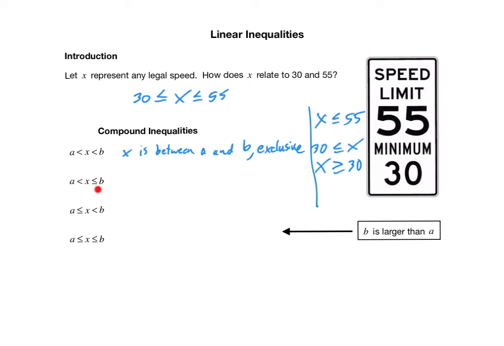In a scenario like this, we would say that x is still between a and b, but in this case, x can be b because x is less than or equal to b. So x can be b, but it can't be a. So I would write here x is between a and b, including b, but not a.